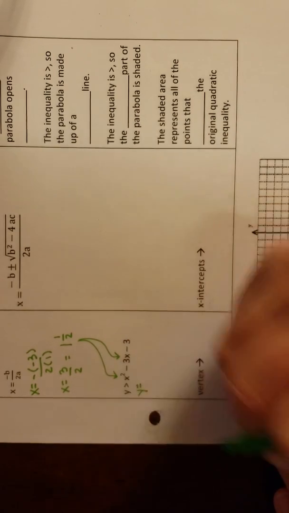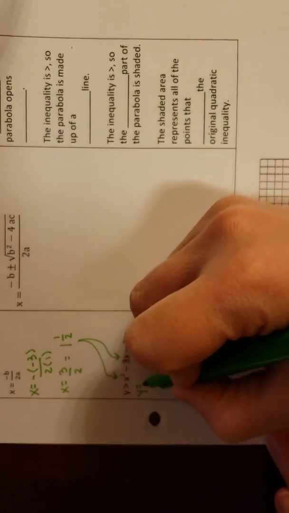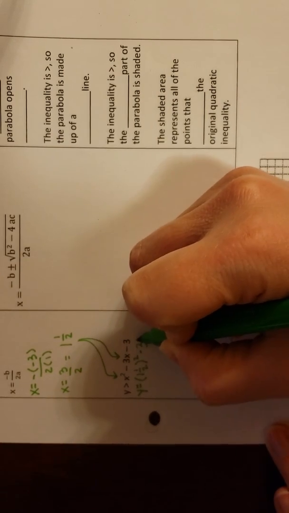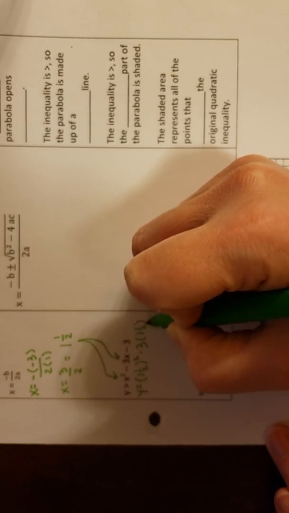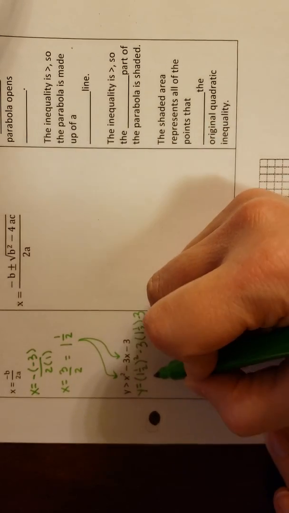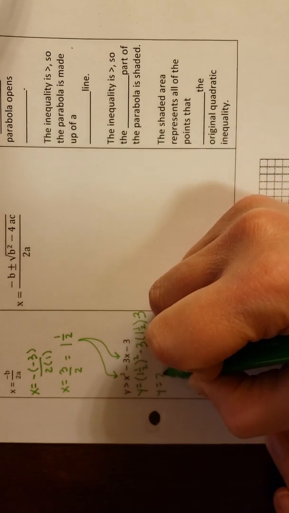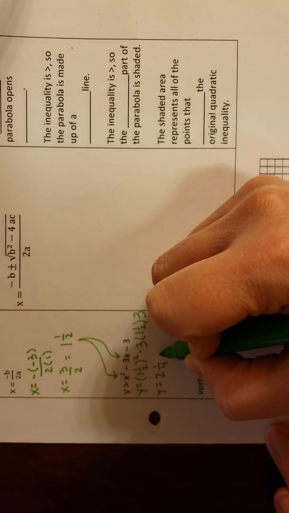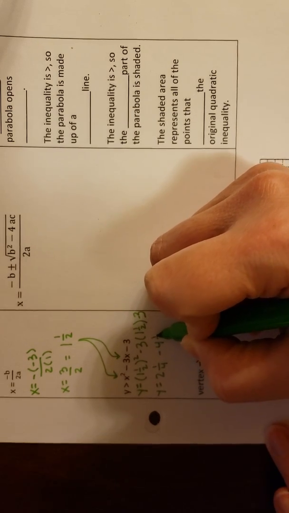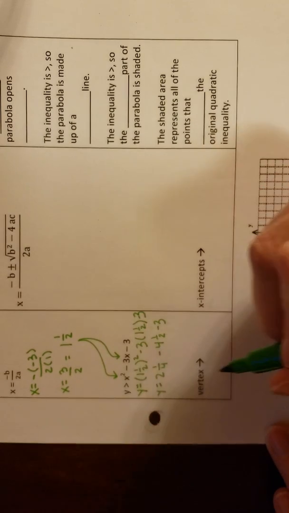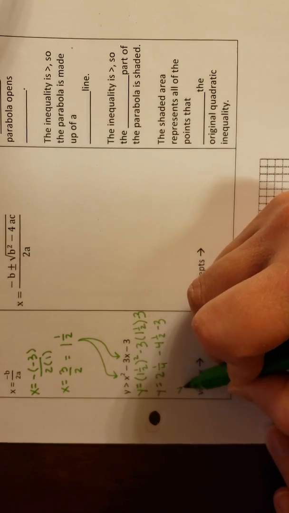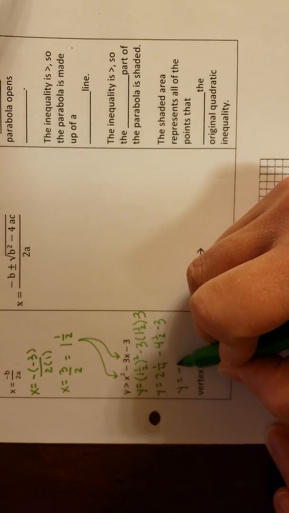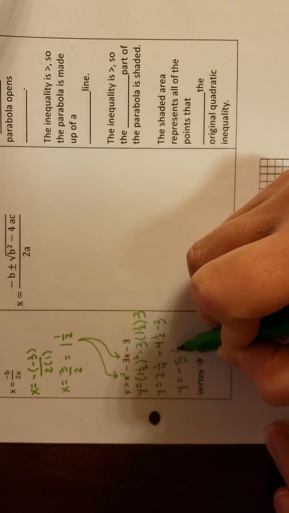I'm going to do equals because I'm trying to find the value of y right now. 1.5 squared minus 3 1.5s minus 3 equals 2.25 minus 4.5 minus 3, or y equals -5.25.